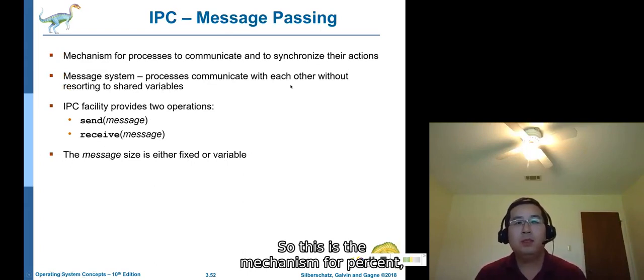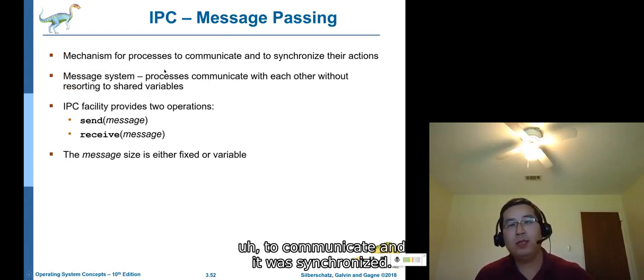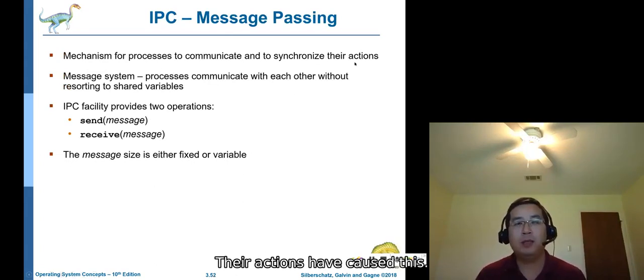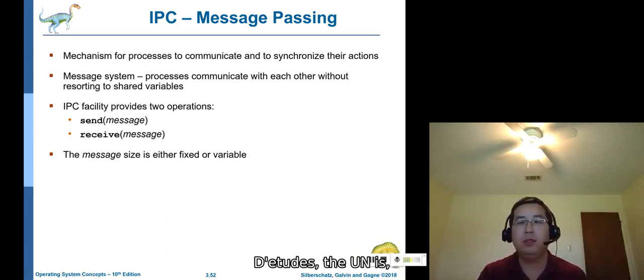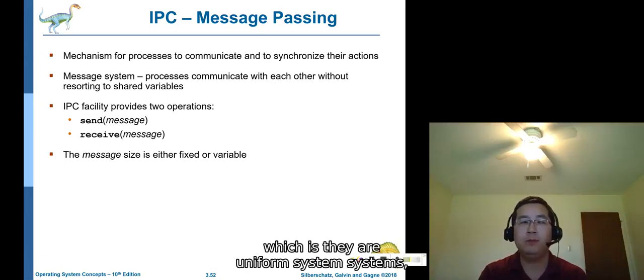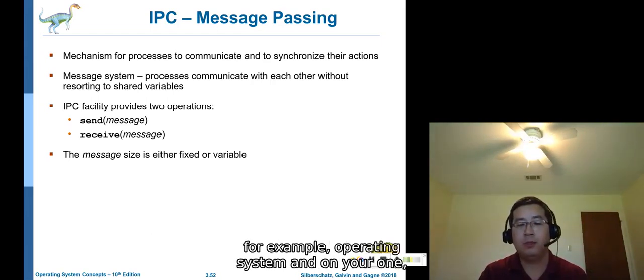This is the mechanism for processes to communicate and to synchronize their actions. Of course, the other mechanism is based on shared memory. That is within one computer system, a uniform system, for example where the operating system is only one, or at least the same, and then it's easy to share the memory.